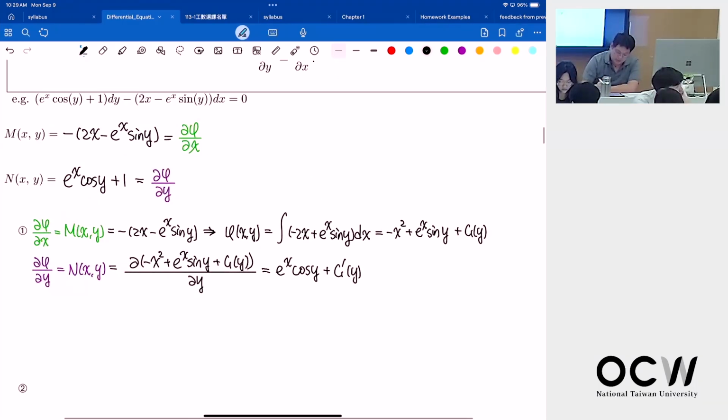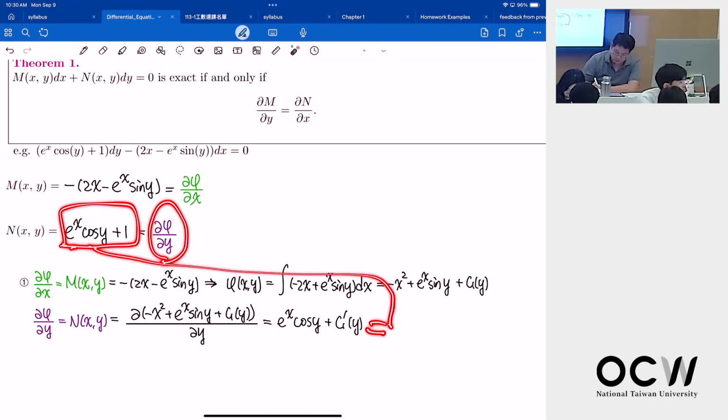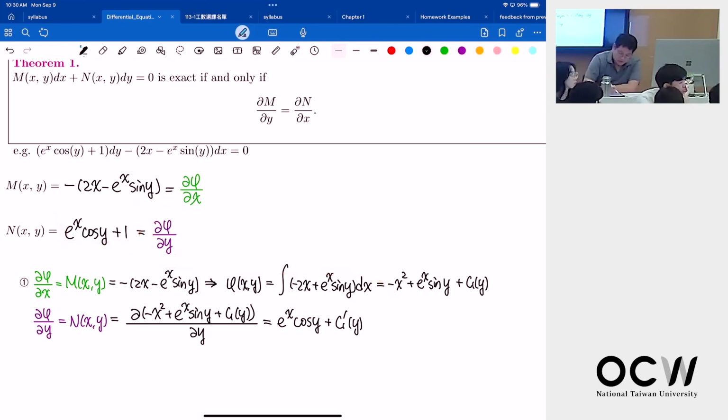Okay. And we know partial phi over partial y actually also equals e to the x times cosine y plus 1. So it should be equal. Okay.